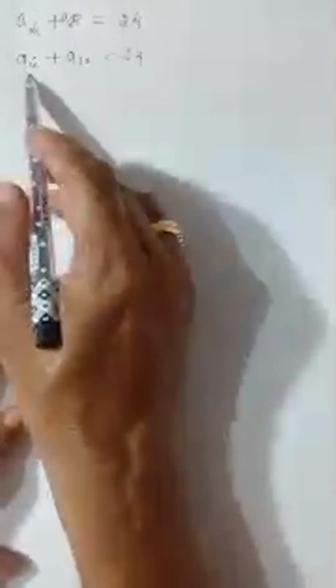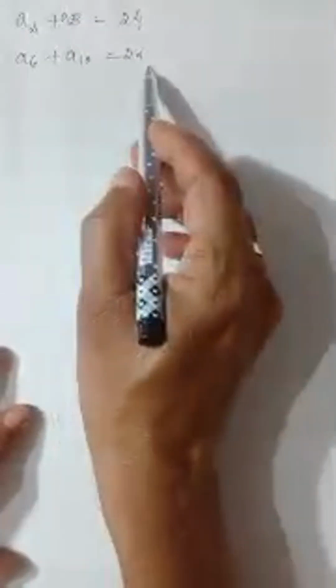And the sum of the sixth and tenth terms, a6 plus a10, is equal to 44. Sorry, not 24, 44. Here, you have to use the identity relation.